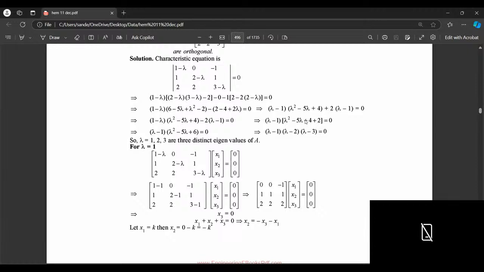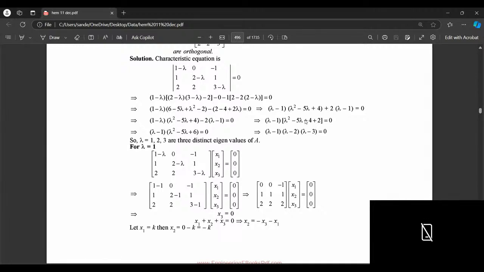You will get 1 minus 1, 0, minus 1; then 1, 2 minus 1, 1; then the last row 2, 2, 3 minus 1, into the column matrix x1, x2, x3 equal to 0, 0, 0.